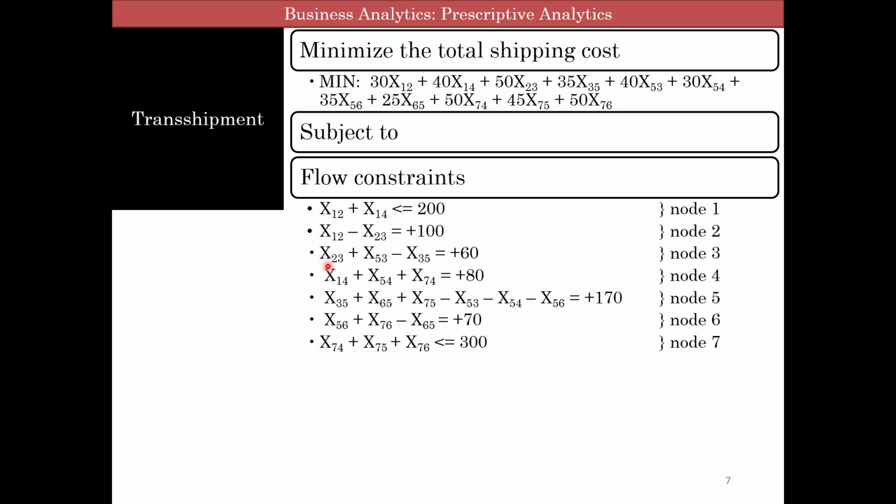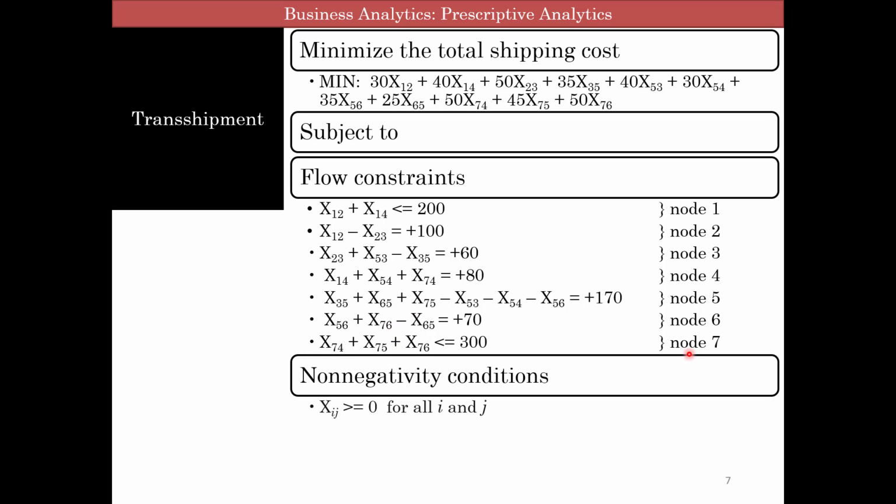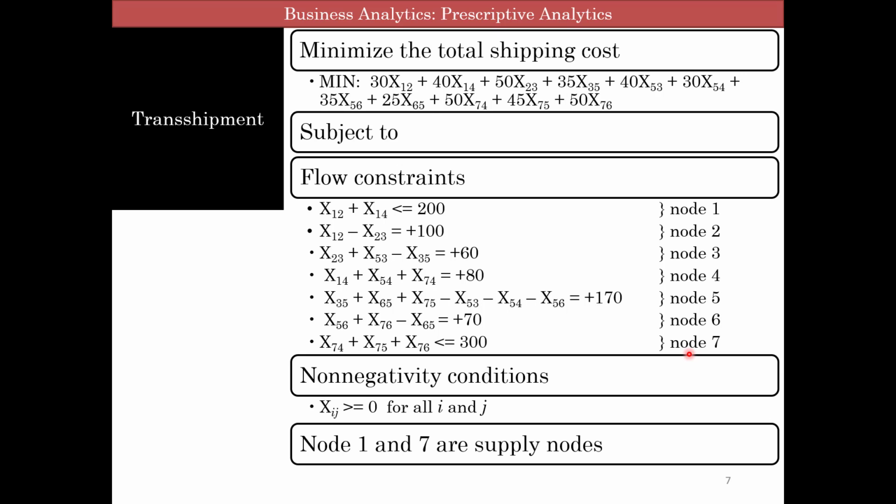Similarly node 3, you're receiving x23 and x53, but you're also sending x35, and what's remaining is 60. You can go on doing this for each node until you get to the end. The non-negativity constraints are that all variables are greater than or equal to 0. Nodes 1 and 7 are supply nodes, nodes 2, 3, 5, and 6 are transshipment nodes, and node 4 is a pure demand node.